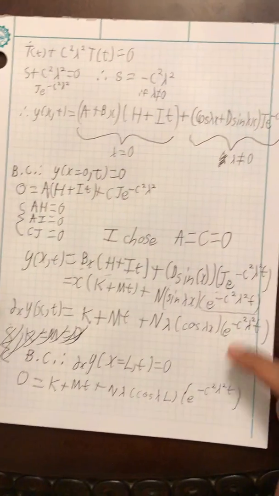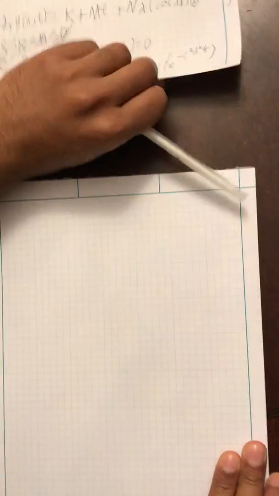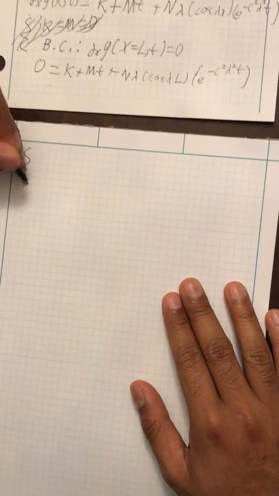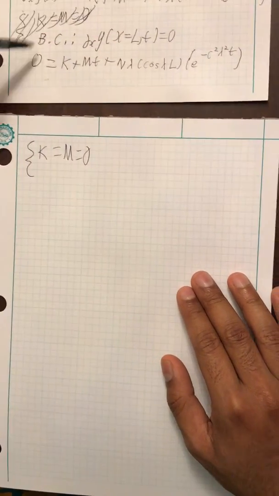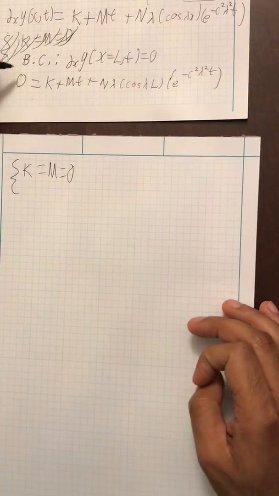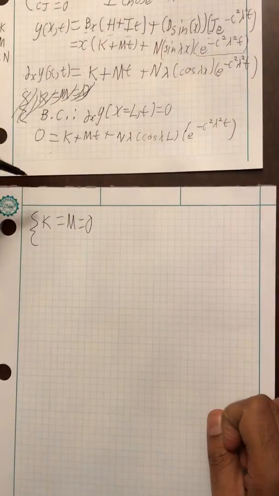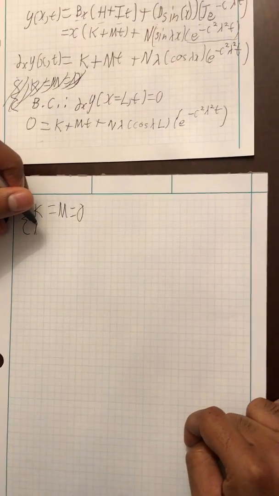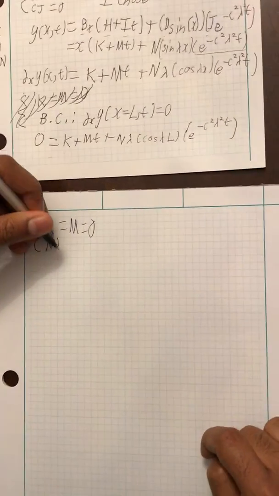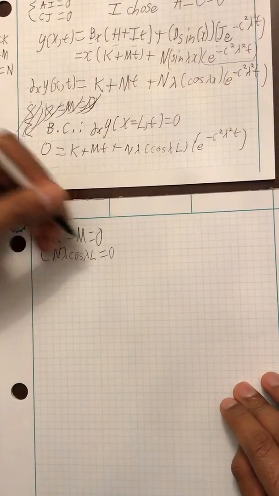Again, we just plug in L for x, and from this we can get two things. First of all, k equals m equals 0, because of the way it works, right side or left side 0. And next, what I should do is write n lambda cos lambda L equals 0, right?